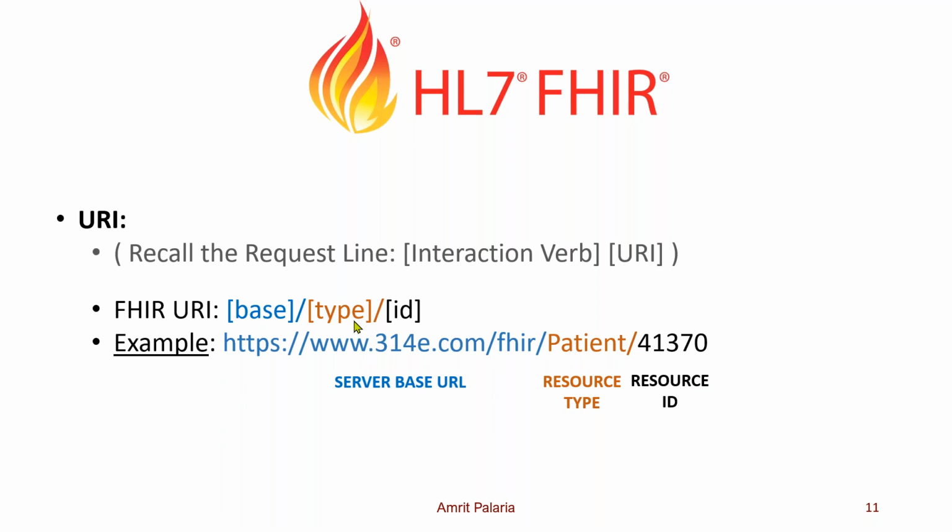So there's a certain number of resource types that the FHIR standard allows you to use, and you specify here which resource type specifically you're working with. And then the last part is the resource ID, which is specifically which instance of the resource you are identifying with this URI.